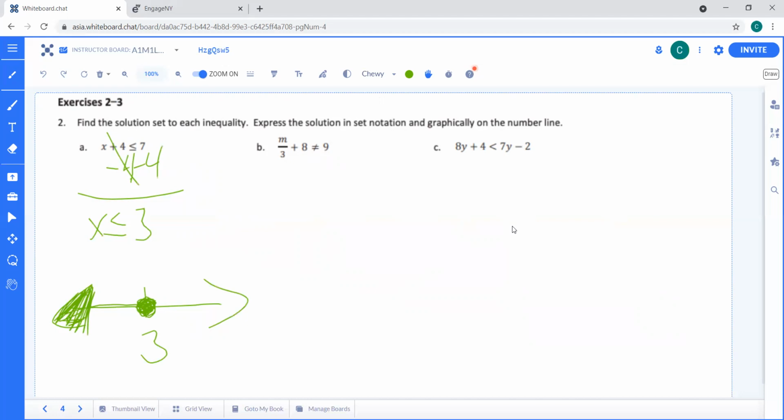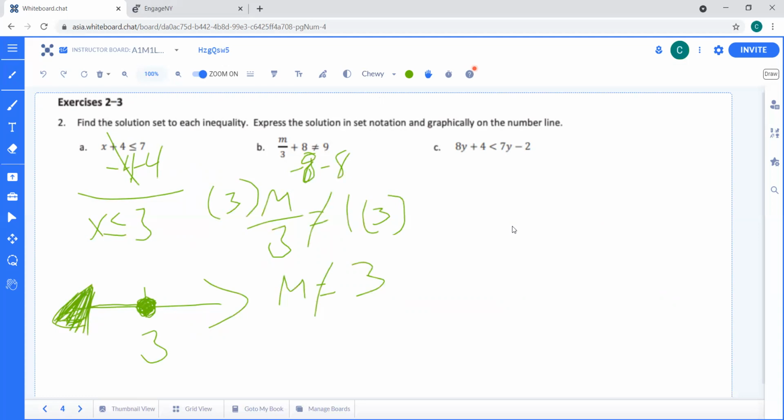All right, so I'm going to subtract 8. Notice this can't be 9. Okay. So m over 3 is equal to 1. I would multiply by 3. Multiply by 3. m is not equal to 3.